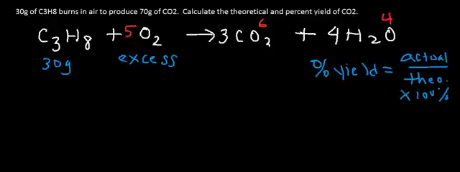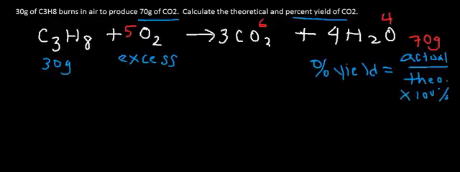And the actual yield usually is the grams of product. You see how we want to find the percent yield of CO2? That means that we need to use the actual yield of CO2 and the theoretical yield. They gave us the actual yield of CO2. They said 70 grams of carbon dioxide was produced. That's how much we actually got in the experiment. So we know the actual yield. What we don't know is the theoretical yield, the most that we can get from the experiment.